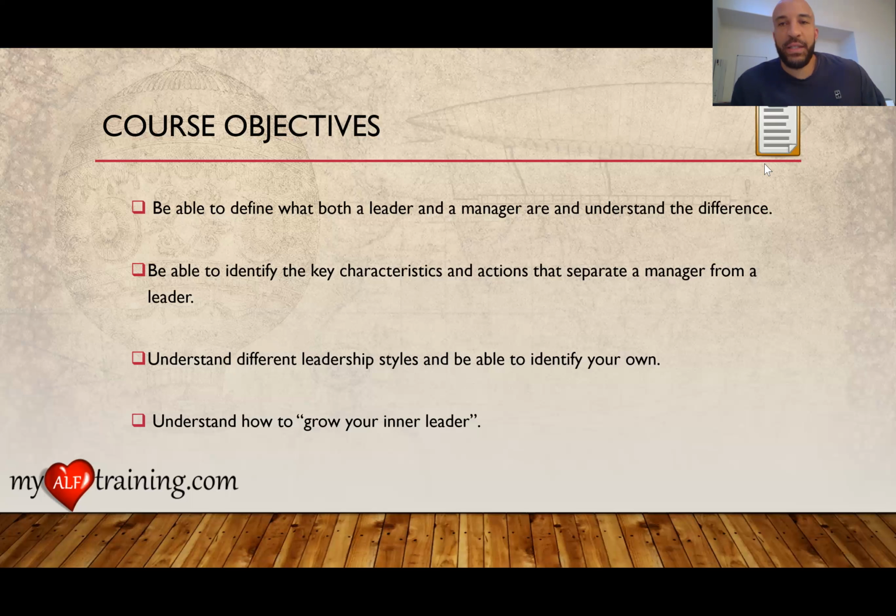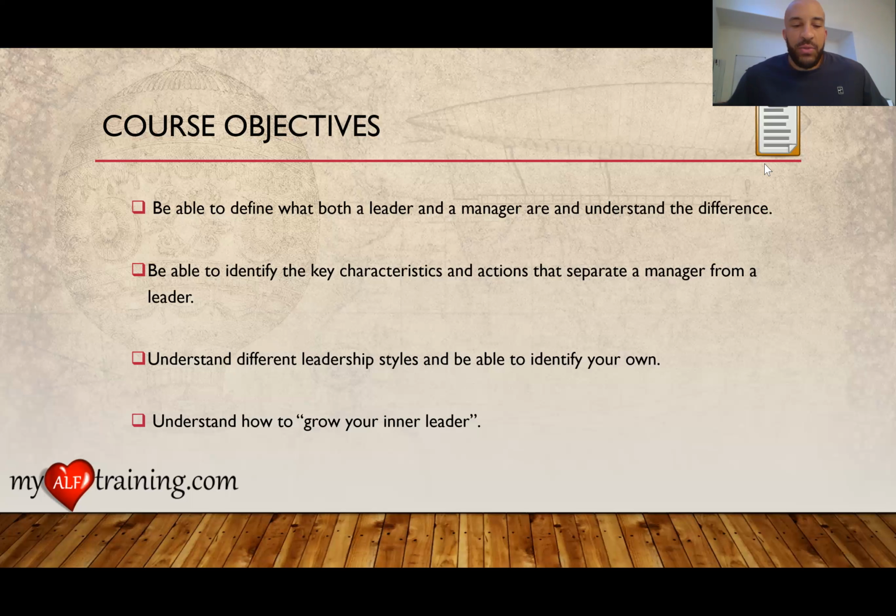Our third course objective is understanding the different leadership styles. So, there isn't one way for someone to become a leader or to lead a group of individuals. There's no one specific style that a leader has to follow. And there are a handful of different leadership styles that one can find that suits their own personality, their own skill set, their own group that they are working with.